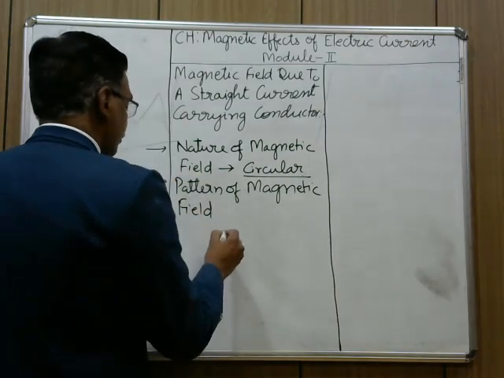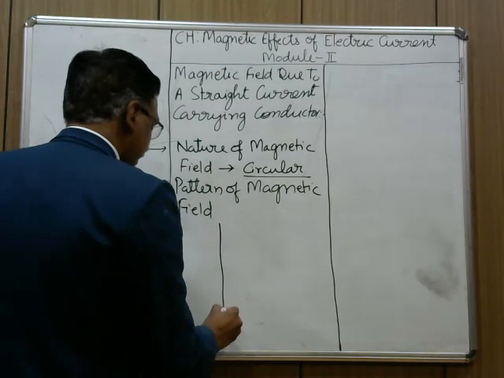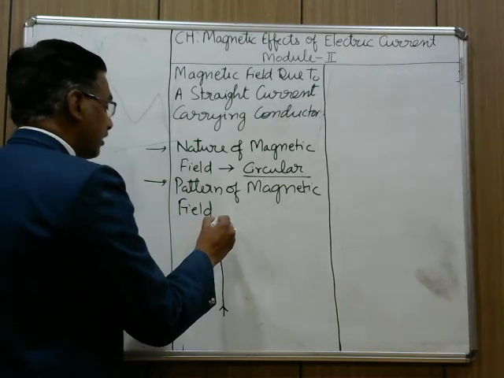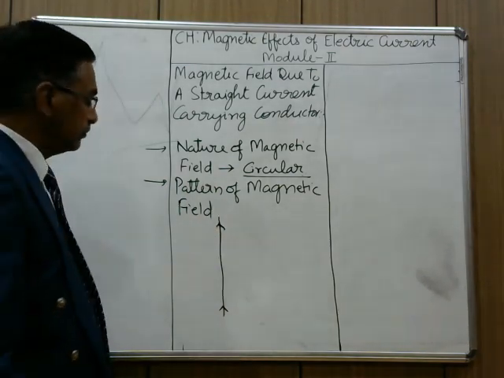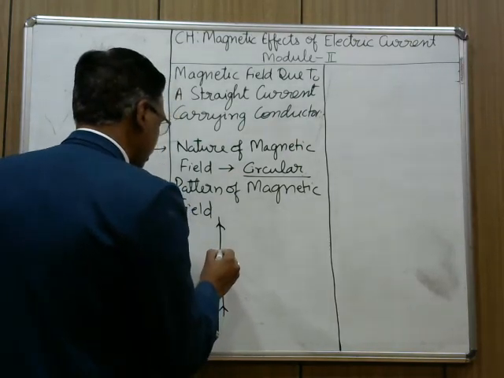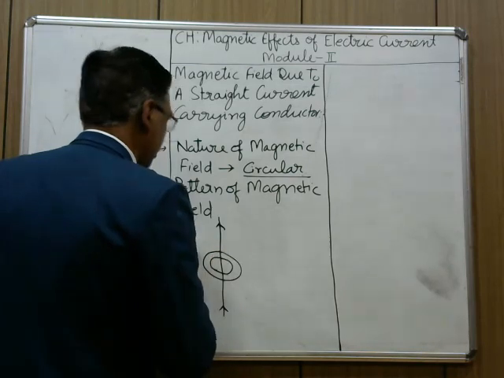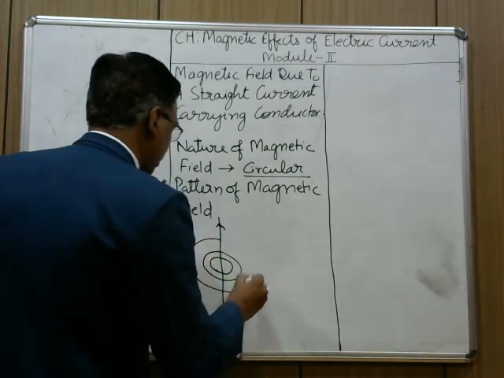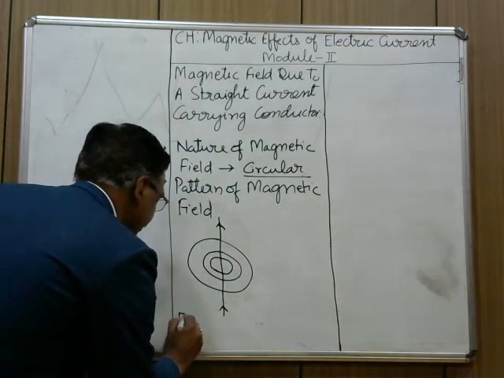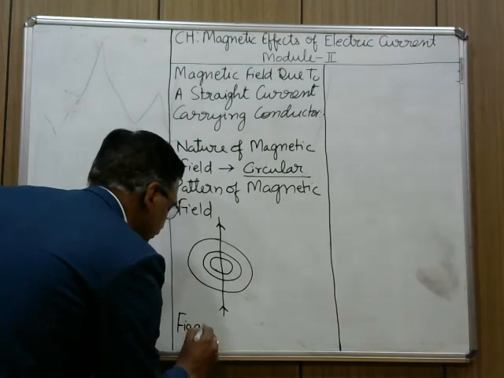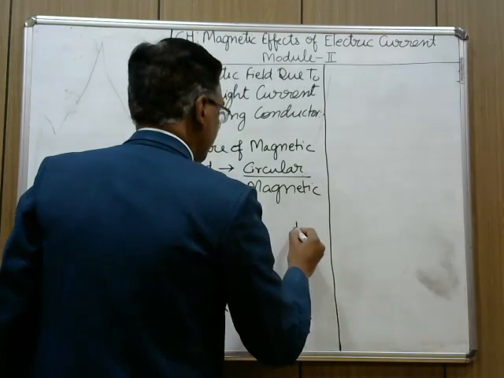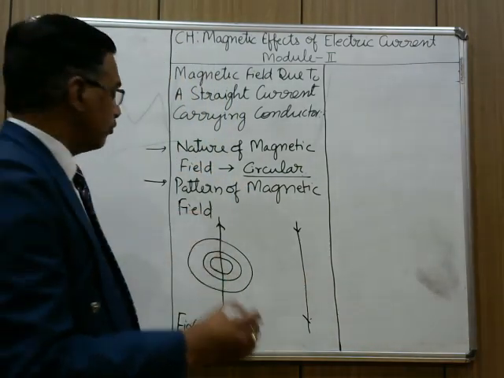See, suppose this is a current carrying conductor in which current is flowing in the upward direction. Then figure A. Another figure: in this, suppose current is flowing in the downward direction.